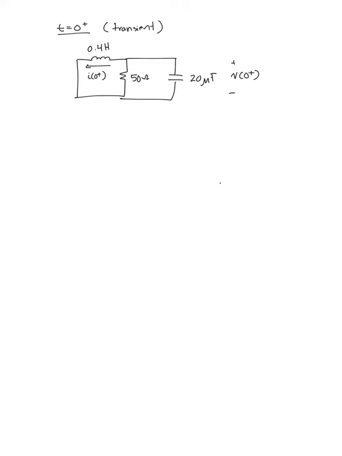Remember, for finding the first derivative term for the capacitor voltage, we need a KCL expression. So if we assume this bottom node as our ground, this top node becomes V0 plus, which is defined, and we do a KCL at V0 plus. The current through the inductor is given as I0 plus, it's known.